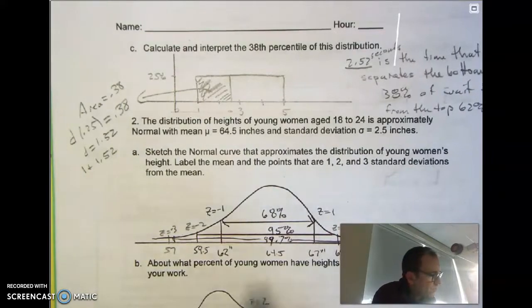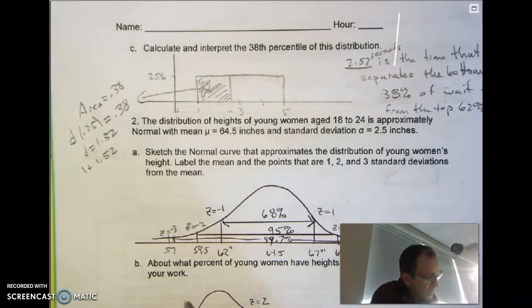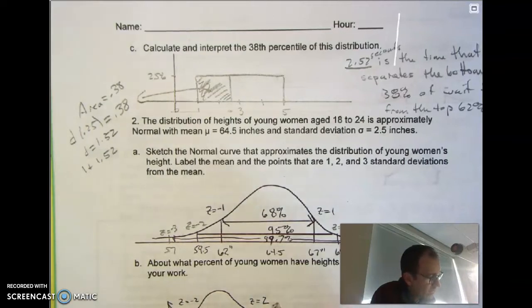So about what percentage of the women have heights that are less than 69.5? Well, 69.5 corresponds with a z-score of 2, and we know that 95% of the women are going to have a height that's between a z-score of -2 and a z-score of +2. That means 5% have to be in these two areas combined.